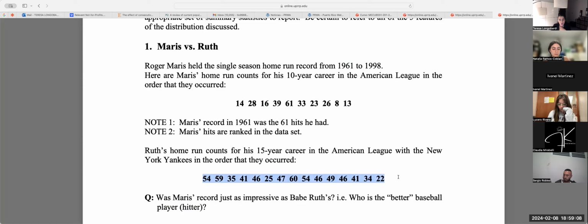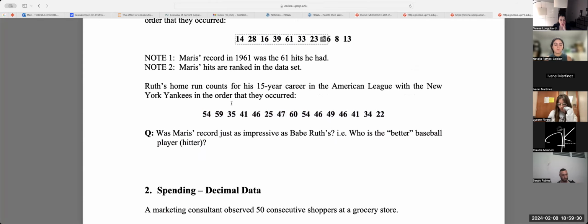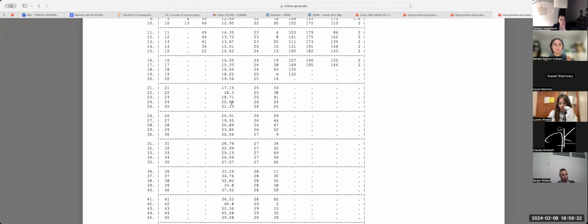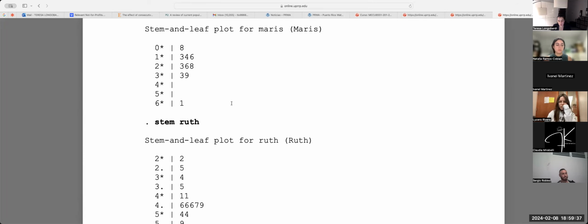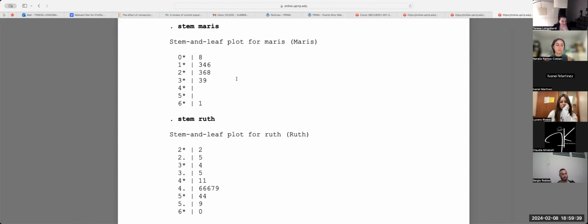So the approach that I taught you, the 5 features of the distribution, should help you in making your decision and your assessment. So I go through the process in the notes and answer this question. If you make the 5 numbers, for both of these distributions, you have to make the distribution first. And that's what I do down here. I draw it. And these are the 2 distributions as a stem and leaf plot.